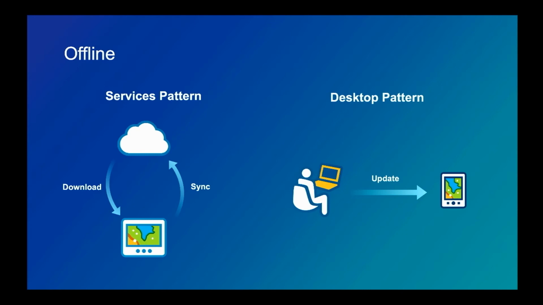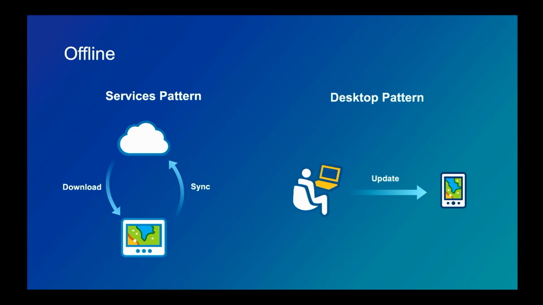So not only are you going to be uploading changes that you've made to the data whilst you've been offline, if somebody else has made changes to that same area whilst you've been offline, they'll also be downloaded back onto your copy of the data. So the end result is a copy of the data which is refreshed, ready to go out in the field the next day for doing some more data collection work. So that's quite a common and powerful offline story.